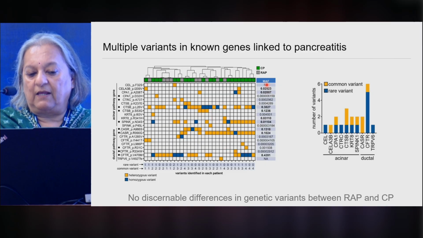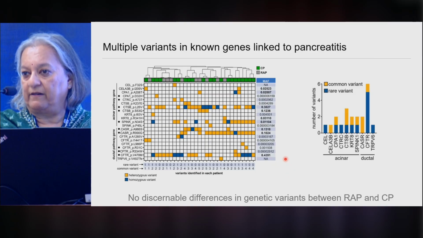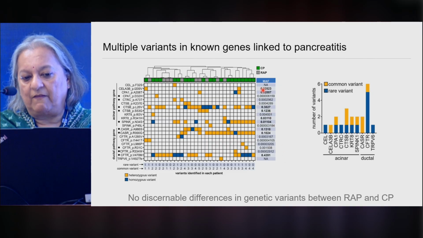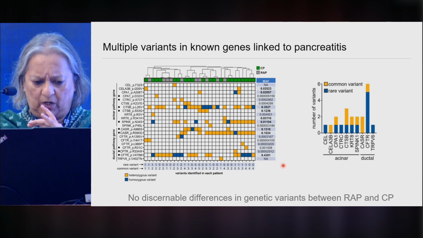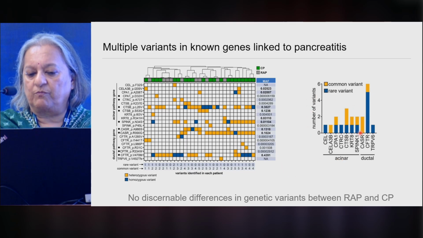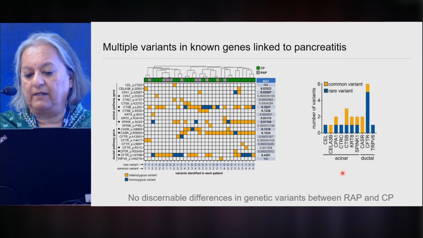You can also see that many of these variants actually have quite a high minor allele frequency, which means that they may not be causing the disease. But nevertheless, they are seen in patients that are reported with chronic pancreatitis.